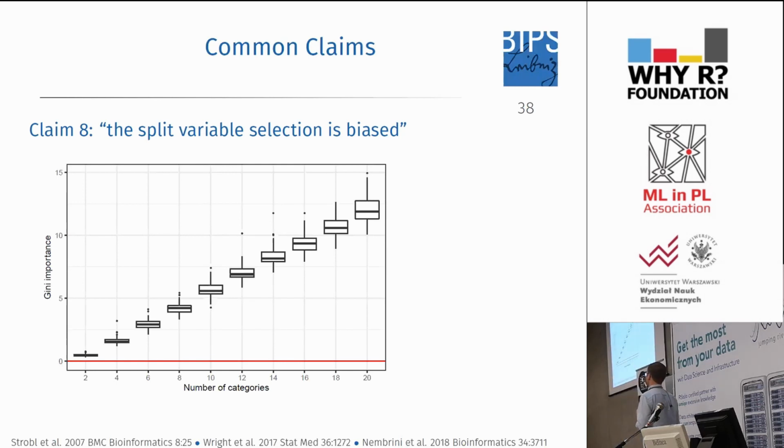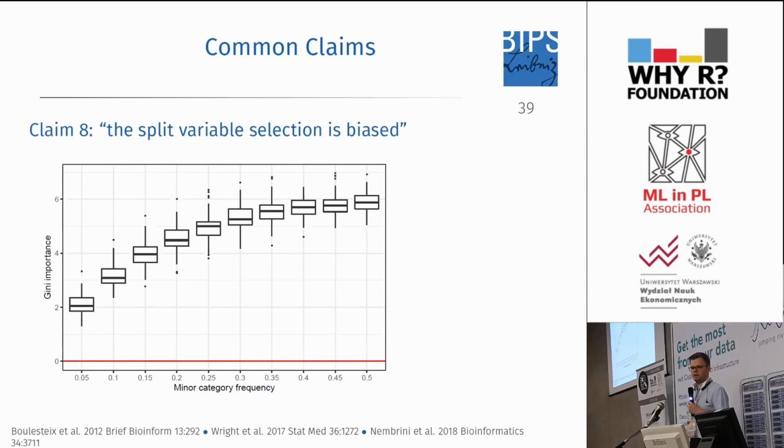So the variable with more categories is preferred. And imagine now you would have this variable sex here, and it would have a small effect. Then it might be here, and this would be a true effect. All others are not true effects. So you would completely miss that. It would completely get lost in all the other variables.